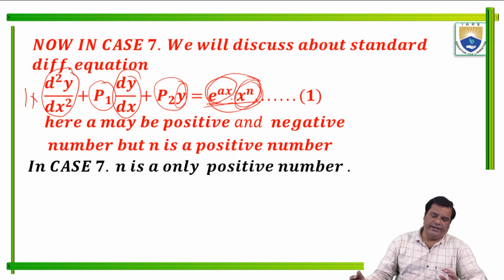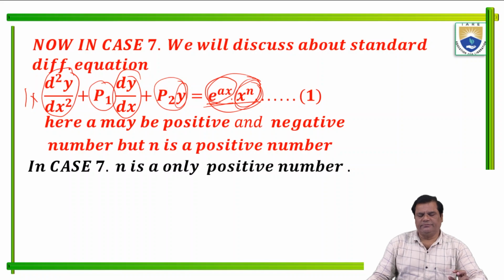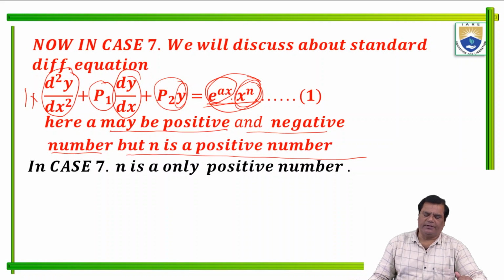So how can we find a particular integral when two functions are multiplied? We discuss in detail how we can find the complete solution of the given problem. Here a may be a positive or negative number, but n is always a positive number.